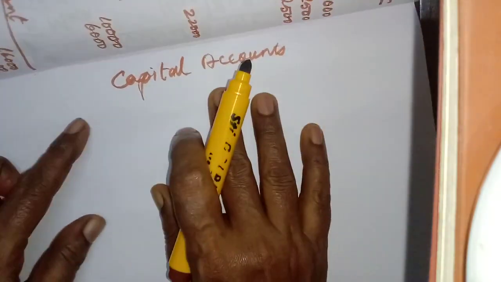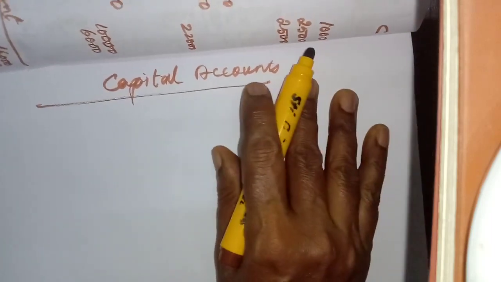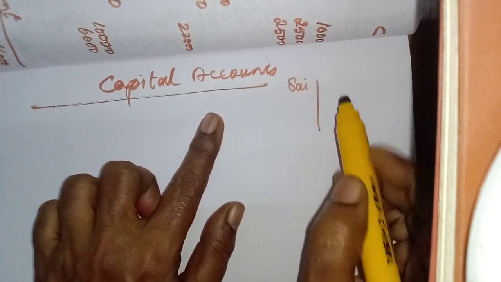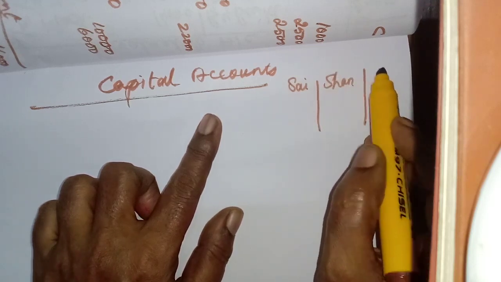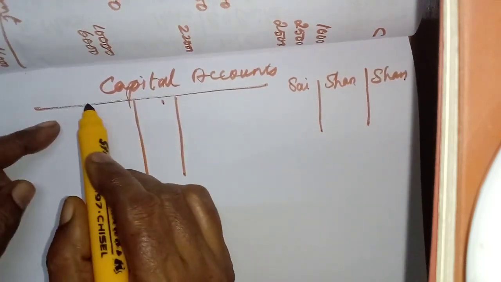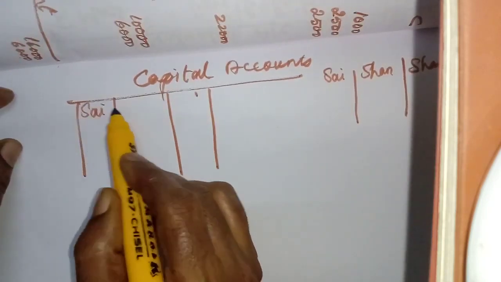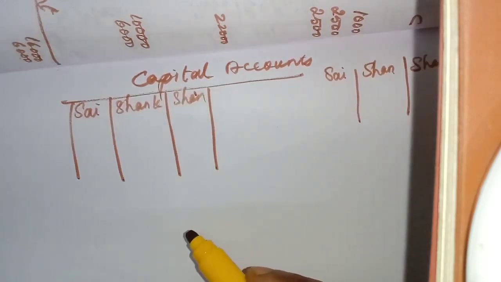Capital accounts. There are 3 partners. Who are they? Sai, then Shankar, then Shanmugam. Sai, Shankar, Shanmugam.